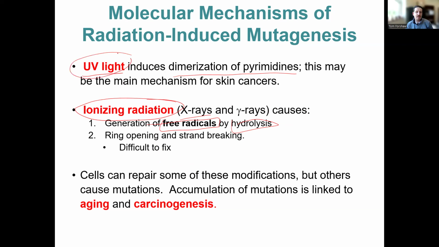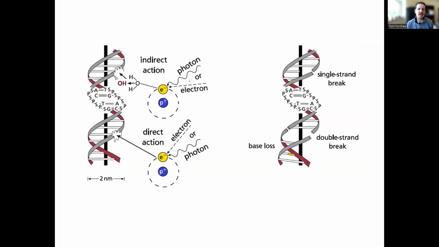And in UV light, this damage to the DNA causes mutations, and these mutations will eventually cause aging and cancer. And for instance, like I was saying, if radiation comes in, it can ionize water and produce these hydroxyl radicals. And these hydroxyl radicals can damage and interact with DNA.